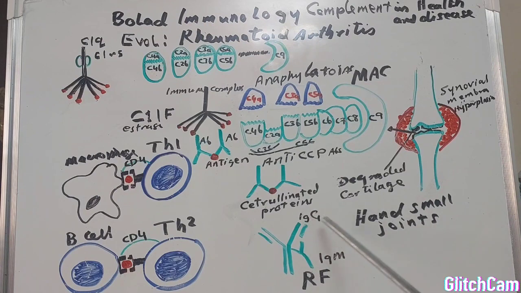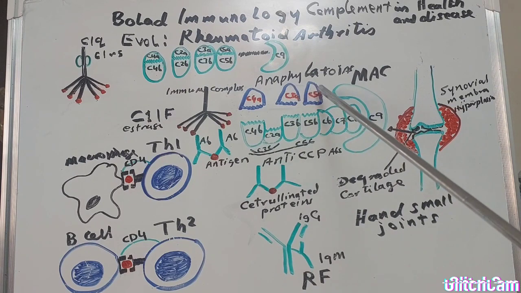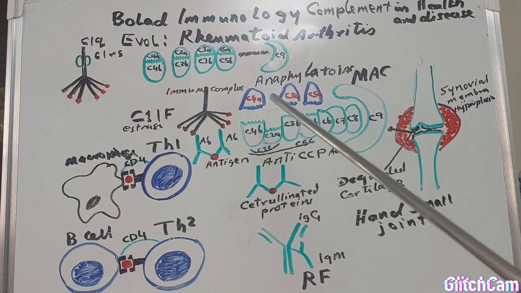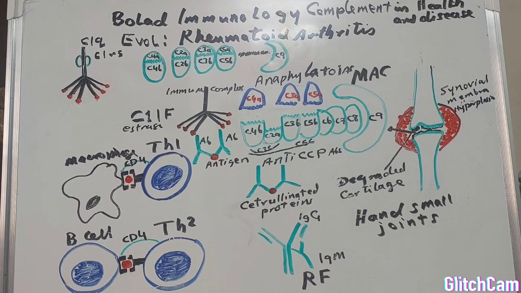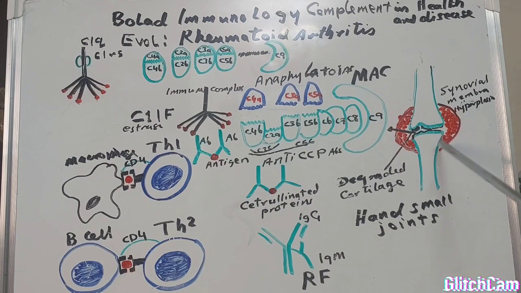So when they interact, this will lead to formation of immune complex, and immune complex will activate C1, then C4 to 5 up to C9, and this will lead also to formation of anaphylatoxins, and these anaphylatoxins will lead to inflammation here, and this will lead to rheumatoid arthritis, as can be seen here, characterized by hyperplasia of the membrane, destruction of the bone, synovitis, maybe tendinitis, and destruction together with swelling and hyperplasia of the synovial membrane.